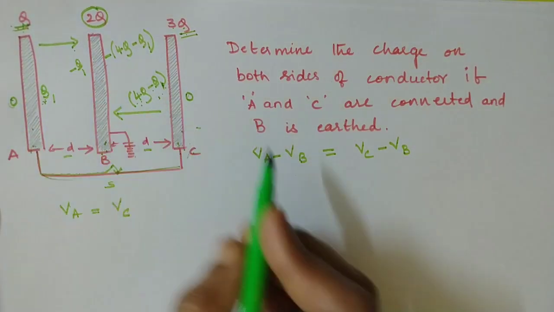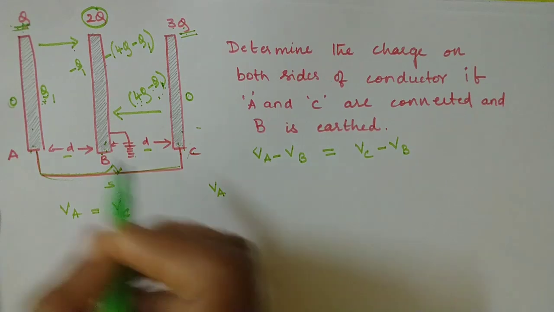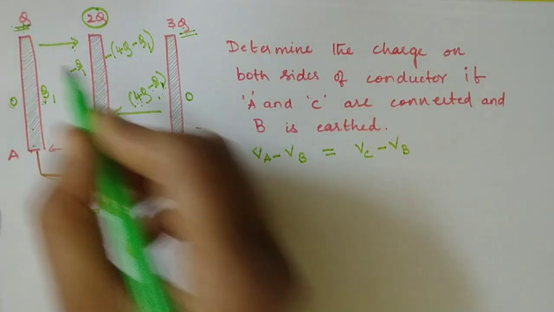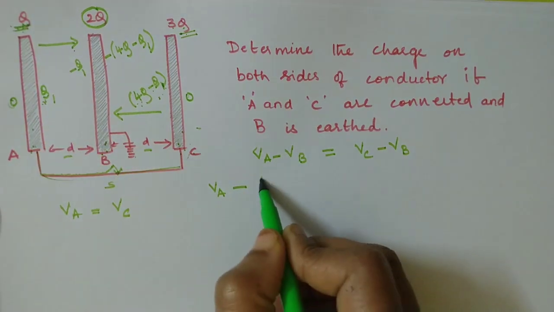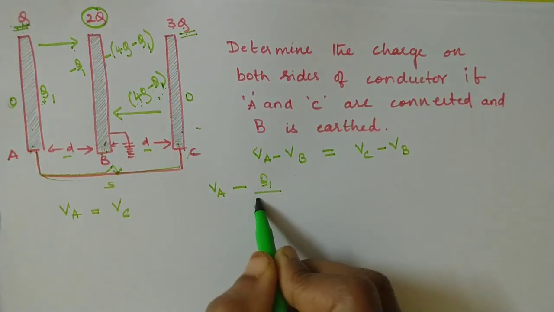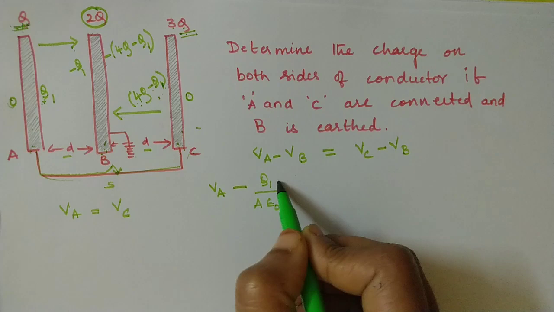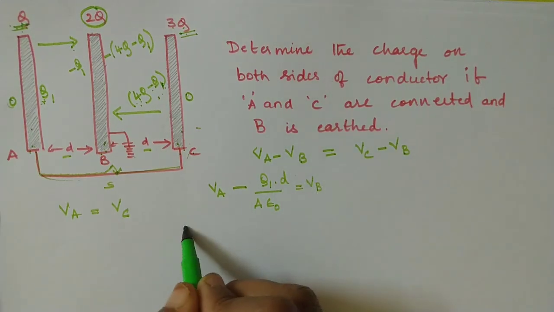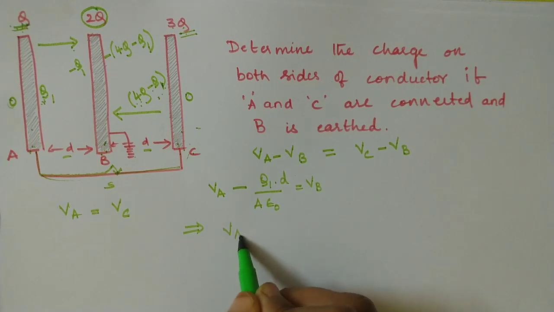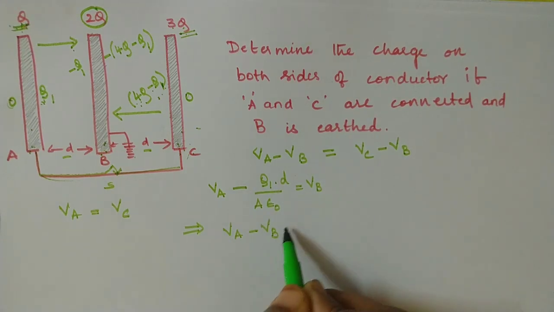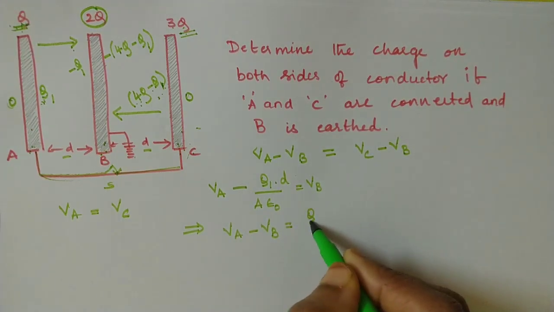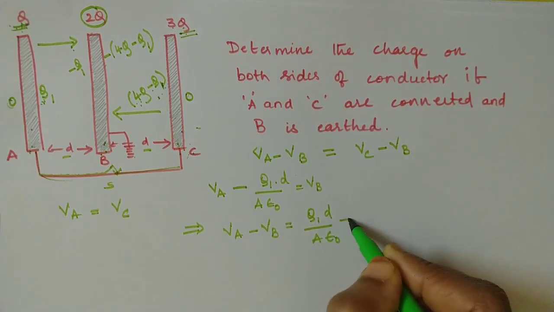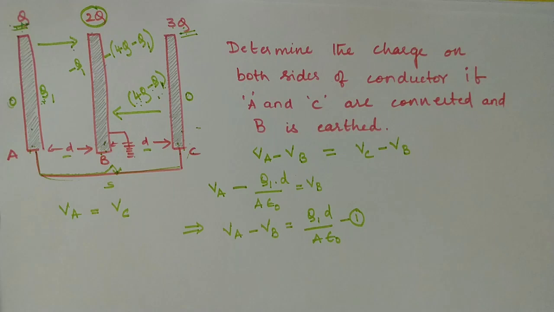You are going in the direction of electric field. So we started from A. VA minus electric field Q1 by A epsilon naught into distance will give you VB. Implies VA minus VB should be Q1 into D by A epsilon naught. Call this as equation 1.